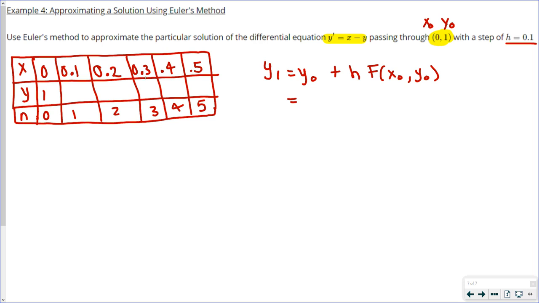So y sub 0 is 1, plus h, which is 0.1, times f of x sub 0, that's this guy right here: x sub 0 was 0, minus y sub 0, which is 1. And this gives me 0.9.